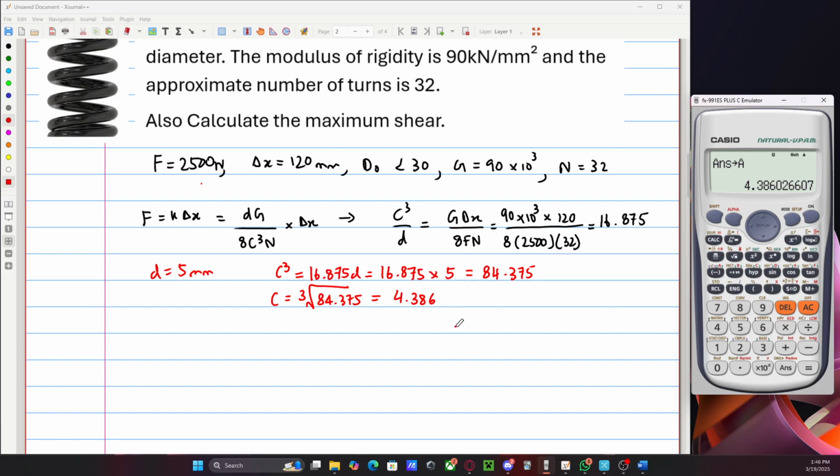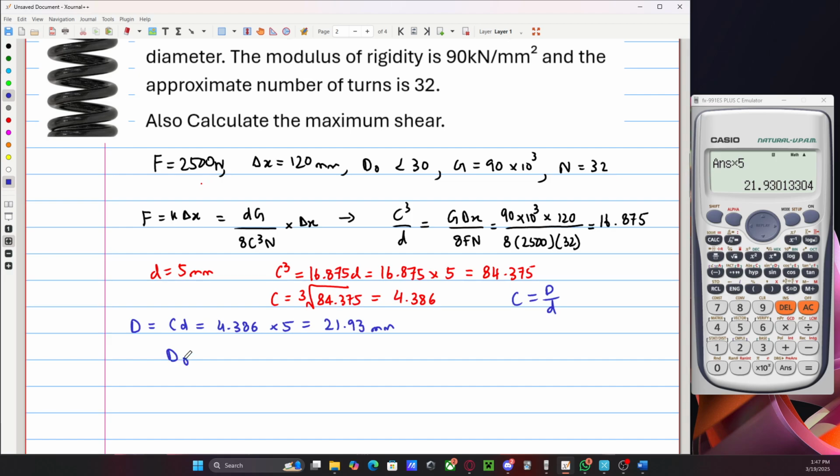Now, I have my C, and we also remember that C is equal to capital D over small d. So my capital D will be CD, which is 4.386 multiplied by 5. So we just multiply this by 5, and we get 21.93 millimeters.